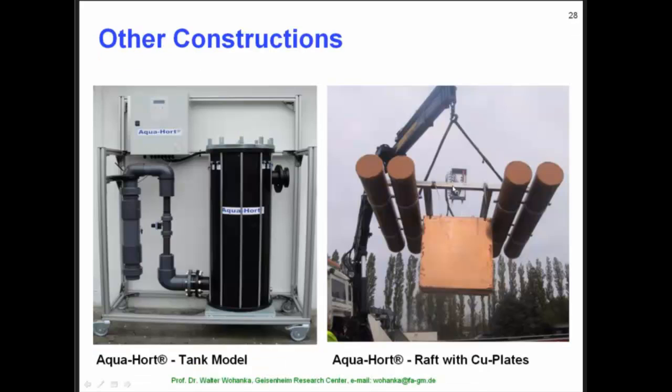Recently, Aqua Hort brought a more compact unit on the market, the tank system. Furthermore, big copper plates can be fixed on a raft for usage in large water reservoirs, mainly to control algae growth.